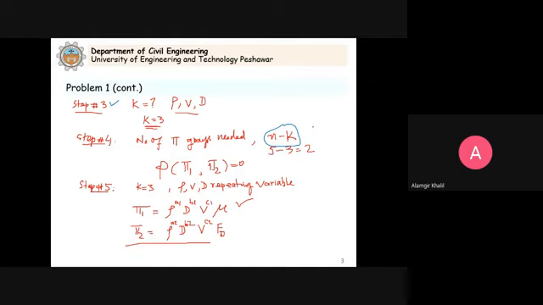Clear? As I said before, this m, most of the time it will be equal to k. The theorem says, and this is what is written in your textbook if you have studied, that in most of the cases m will be equal to k.